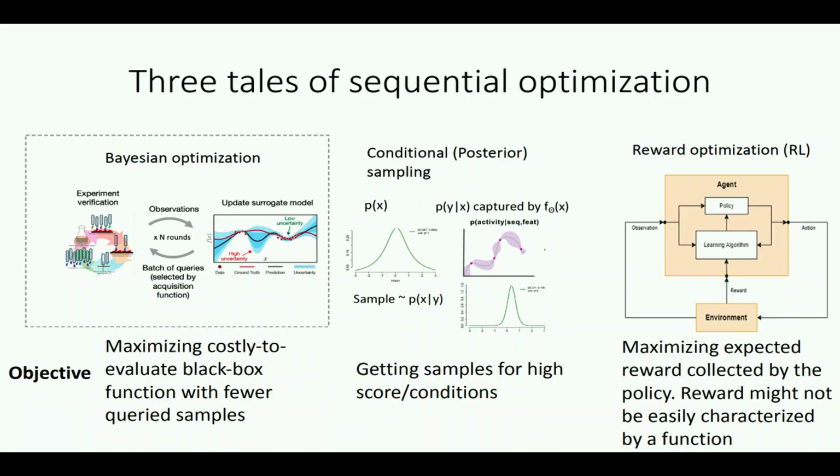The first approach that we're going to talk about today is Bayesian optimization, which is exactly set up to solve this problem of black box optimization with the smallest number of acquisitions possible. However, there are also alternative views of this problem. For example, we can consider the problem of optimization as a generative problem, which we actually talked a little bit about last time when we introduced Gibbs with gradient, right?